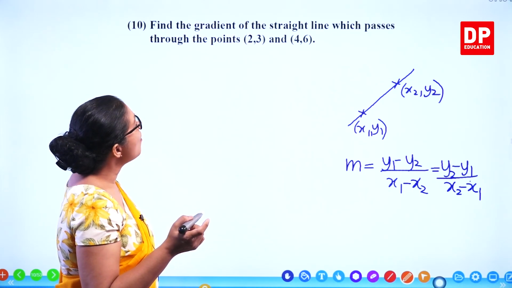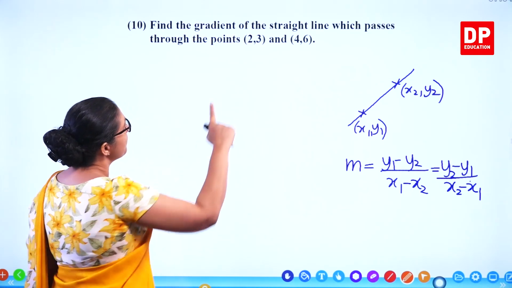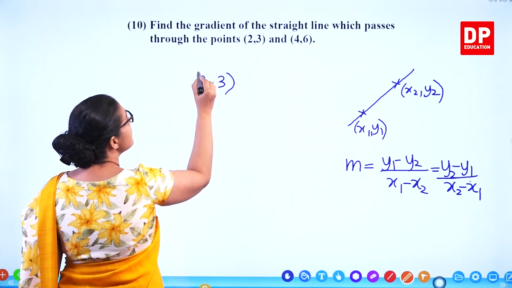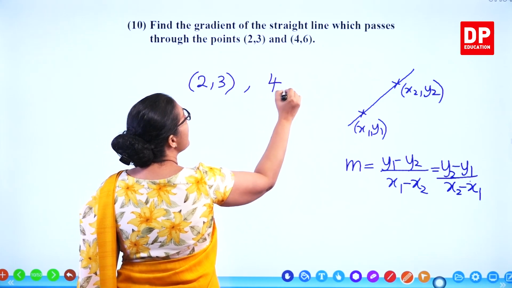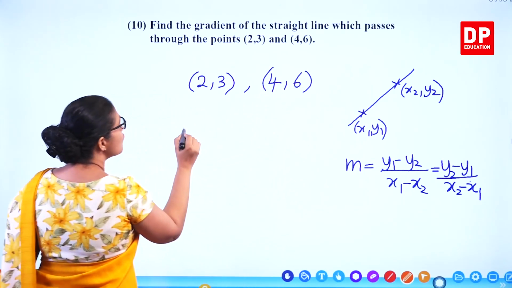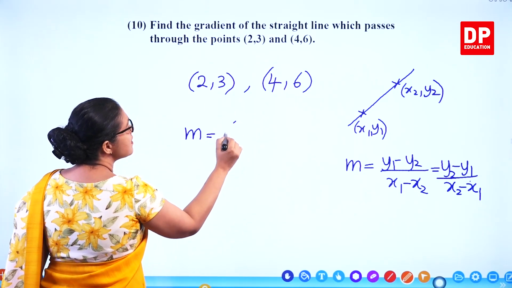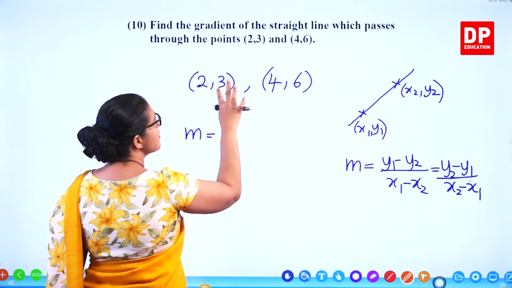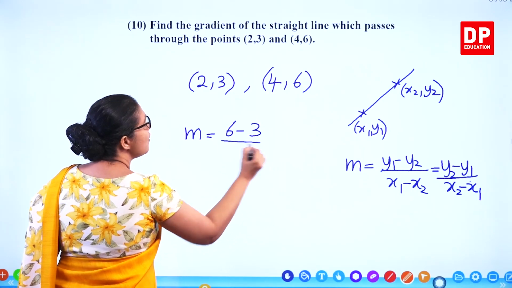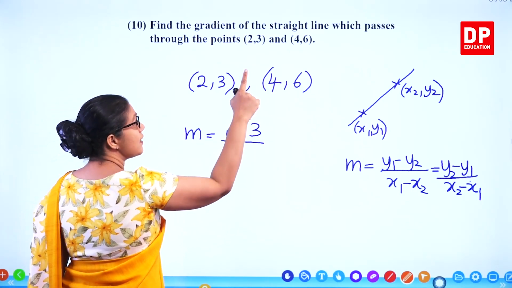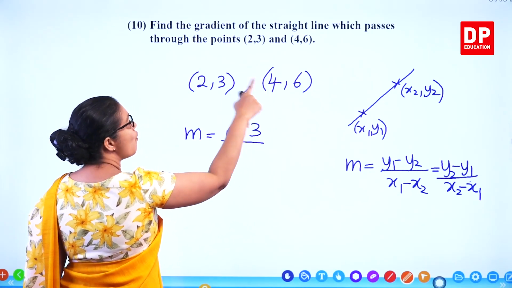So we'll apply it now. One point is (2, 3) and the other point is (4, 6). First take the difference between the y coordinates. So the gradient becomes the difference between y coordinates. I can take this one first, 6 minus 3. Then what about the difference between x coordinates? You have to take the same point first, 4 minus 2.